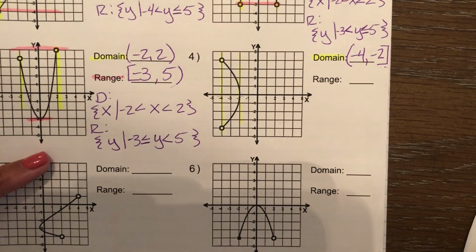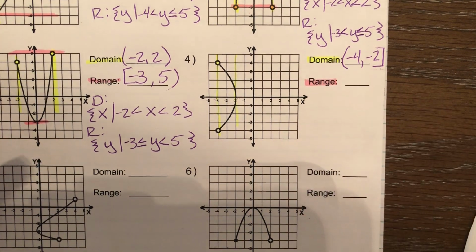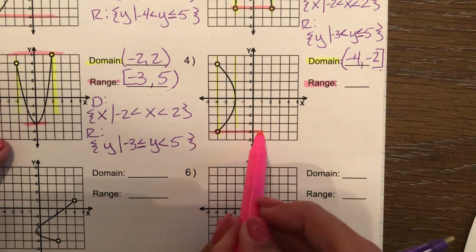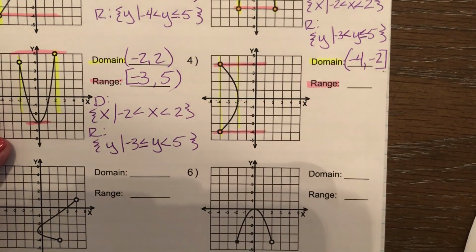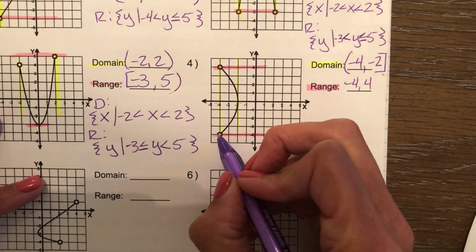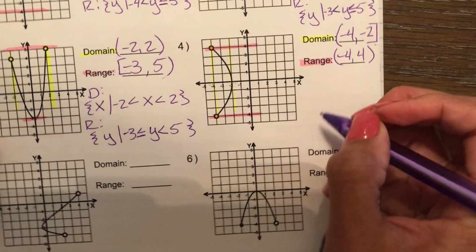So bracket. All right, range, looking at the y-axis, the y values. Bottom of the graph is here at -4. Top is there at +4. So -4 to 4, open, open, parenthesis, parenthesis.